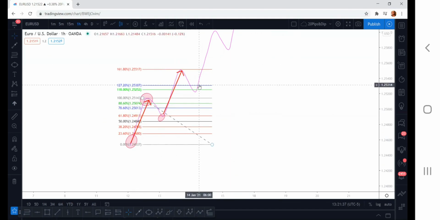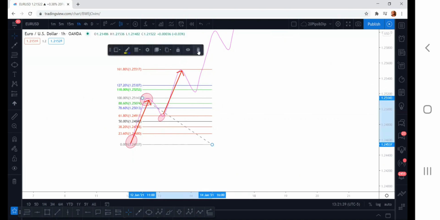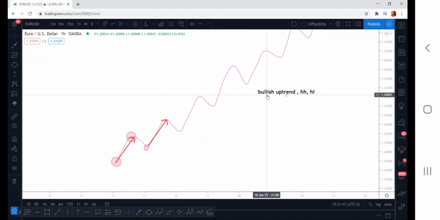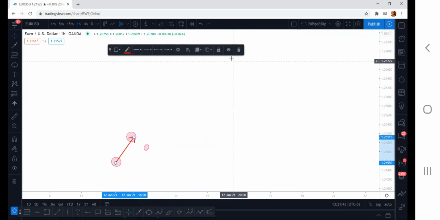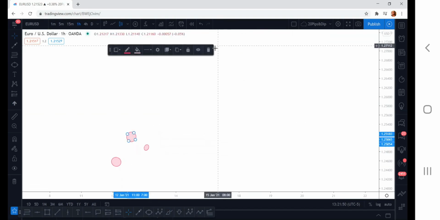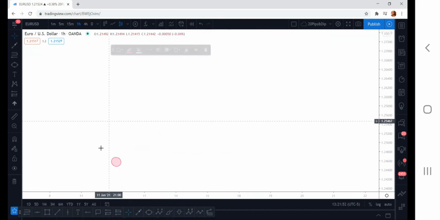All right, so I want to give you an example again in a bearish market. Fibonacci is a really good tool to use as added confluence with, again, your other confluences.